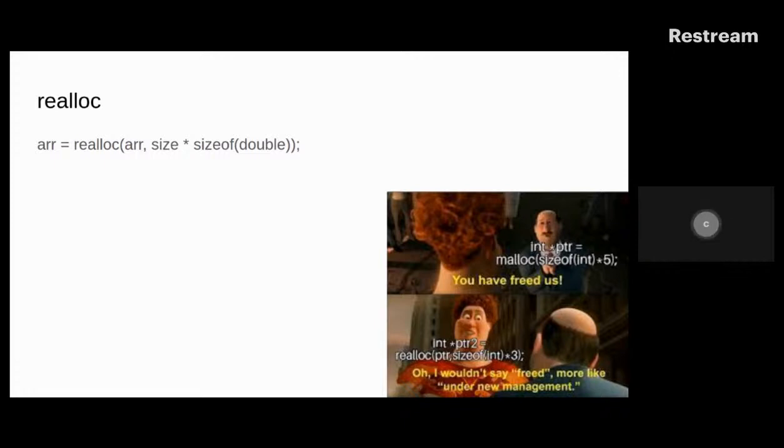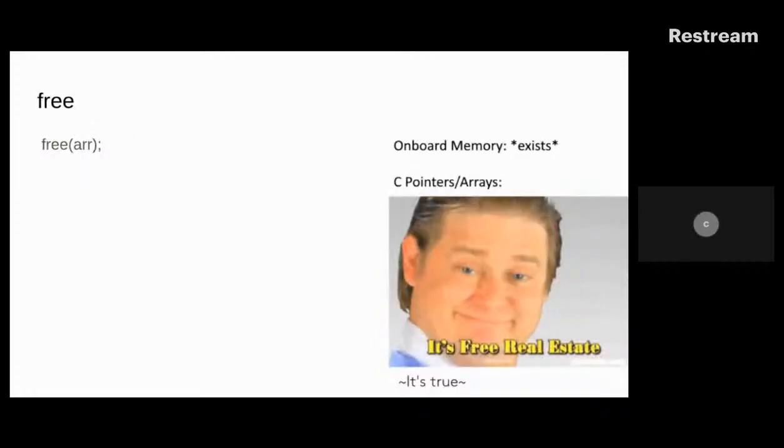And we'll see how to get rid of that. Yeah, with free. Literally it's just free, and then the name of the pointer to the address. Okay. So you have to free it to let that space come back to memory.